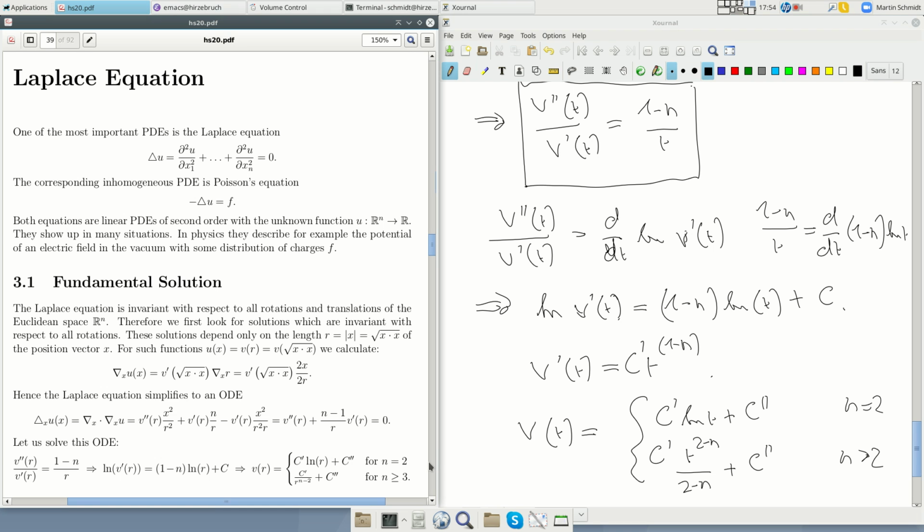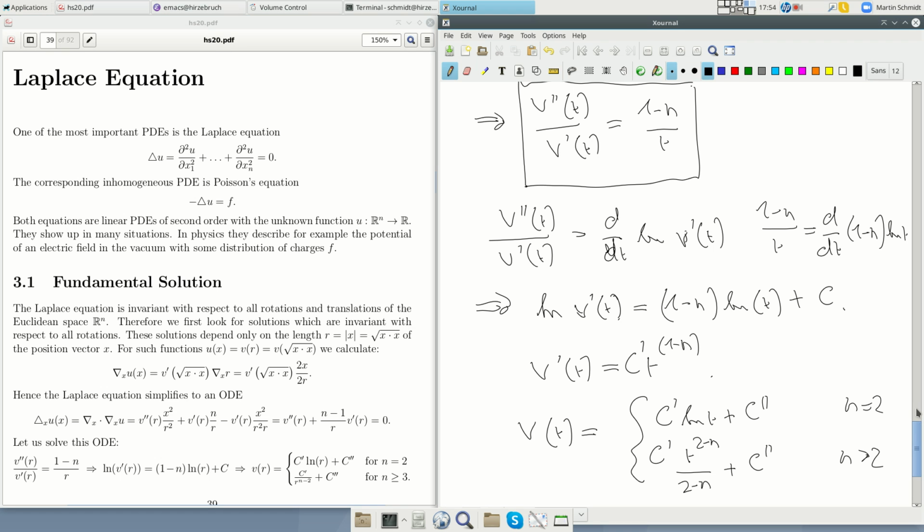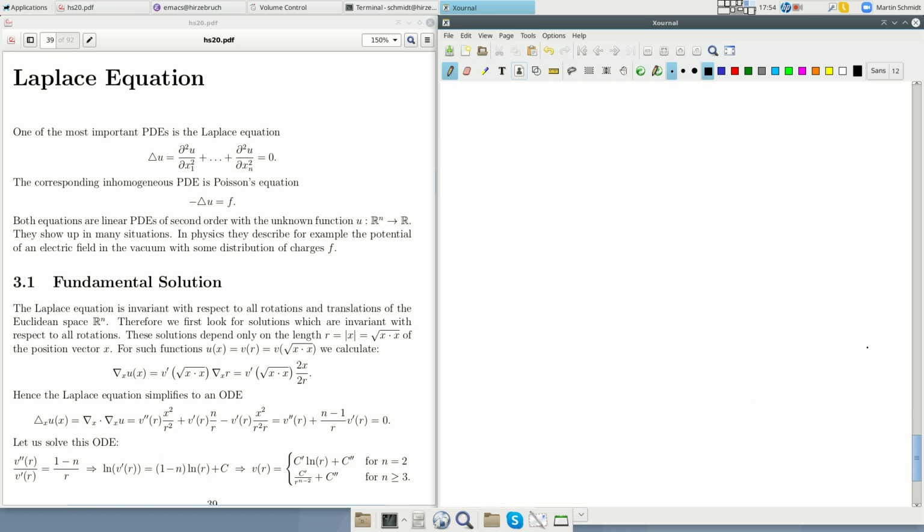So very nice. So we have now calculated all harmonic functions which only depend on r, which are invariant with respect to rotations. We get this solution.